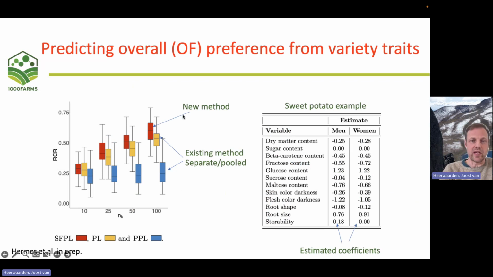Finally, we've made progress on a method that can not only predict on-farm performance as a function of varietal traits, but can also do so for different groups of rankers, like men and women, or maybe different environments, where we can test if there are different preferences that predict on-farm outcomes. And this method is superior to any existing method so far.